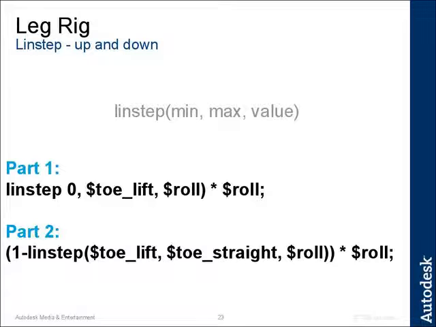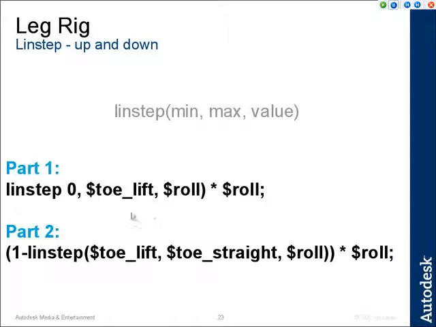So again, using linstep, we can get this to work, but we kind of need to break it up into two different sections so we understand what's going on. The first part is where the rotate x for the ball locator is going to grow up to be the same value as roll, and the second part is where it's going to drop. So part 1, we have linstep of 0, and then toe lift.